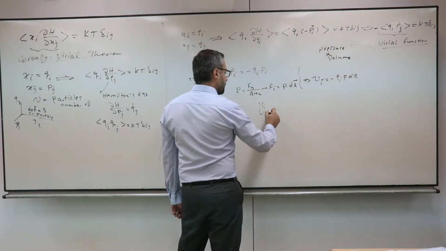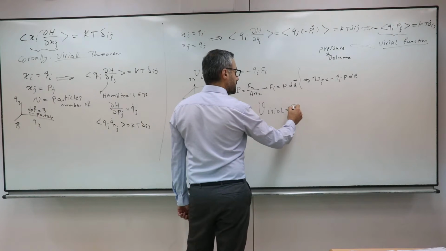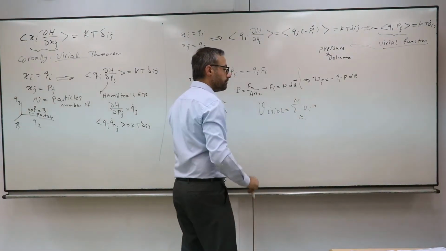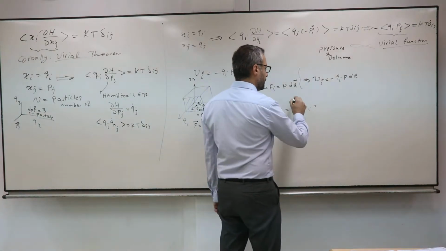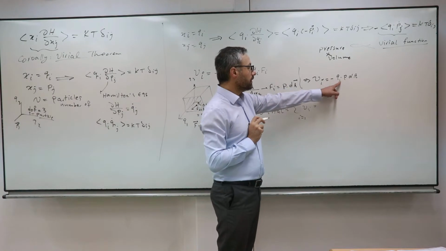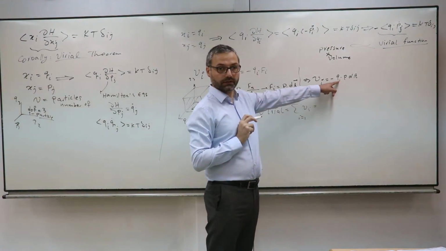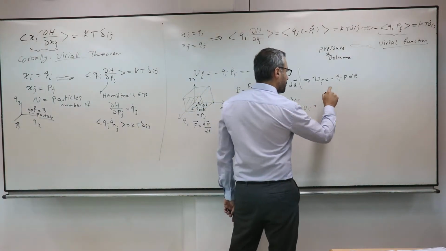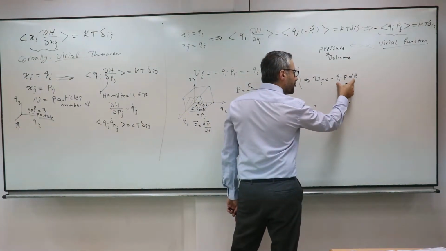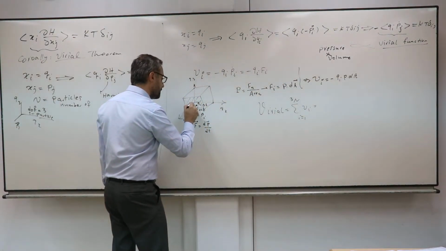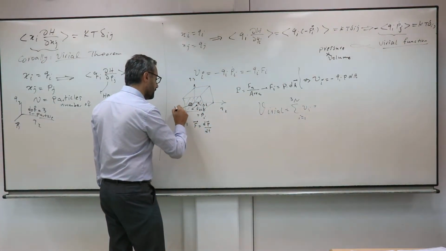If you want the total, it will be the sum over i from 1 to n. Not from 1 to n, actually 1 to 3n, because each q changes from 1 to 3, and you have n particles, so I can write 3n. You have small quantities here, which are defined in infinitesimal differential forms for each area element.